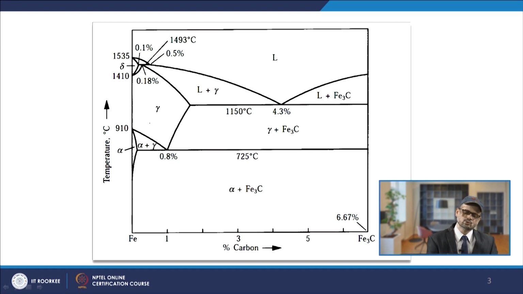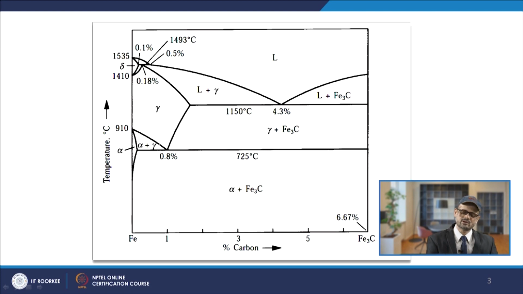If you come to any composition lesser than, or towards the left-hand side of, this eutectoid point, then when the temperature reaches below this, you will have formation of alpha of this composition, and then formation of gamma.